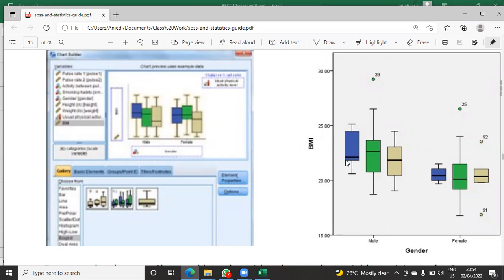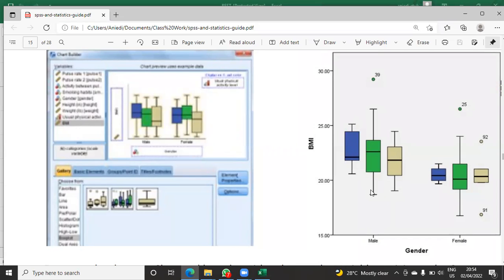You can notice that this one, the first one, the blue box of the male, the median is very close to the first quartile, which means the difference between the people that fall into this third quartile are low. They are not much.